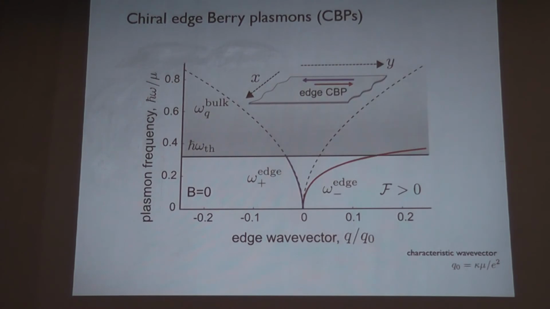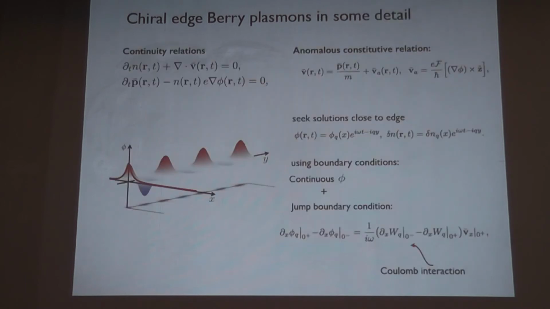comes from physically, intuitively. We can go through a calculation and find it out just using the continuity equation and changing how velocity is given by momentum and also phi. So there's an anomalous kind of constitutive relation which relates velocity and momentum and gets this extra component.